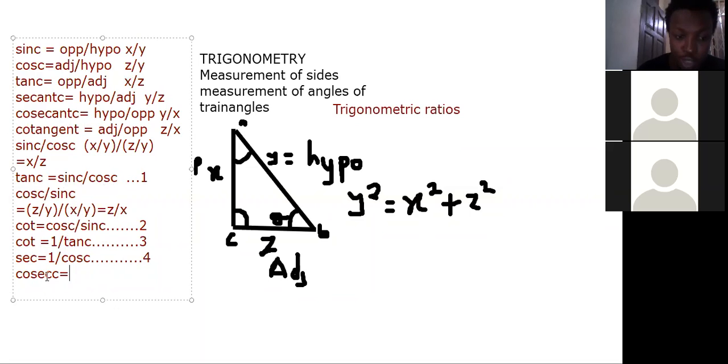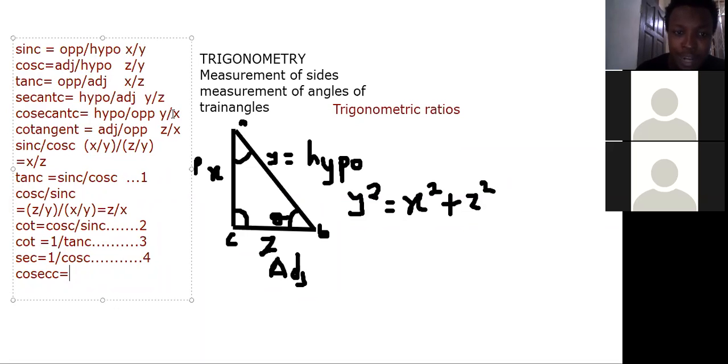So here, looking at cosec, cosec is hypotenuse all over opposite. Now hypotenuse all over opposite here is y all over x. Let's see if we can relate y all over x to any of these up here. You can see that here we have x all over y.